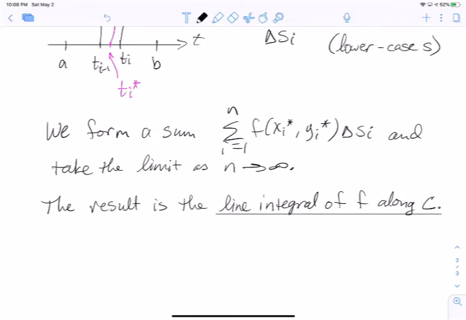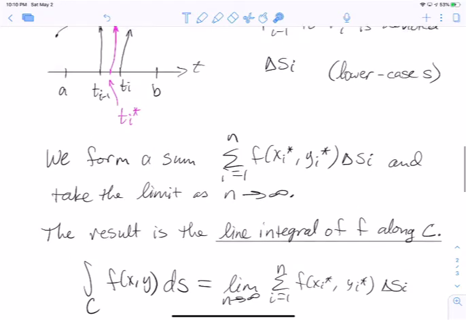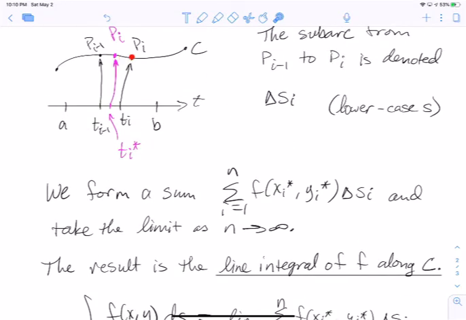That's the development. It's not how we're going to compute it. As you might expect, we're going to have an integral symbol here over C of f of x y ds, which equals the limit of the sum that we just saw. Now, if ds looks familiar at all, it should. It's the length of the arc.